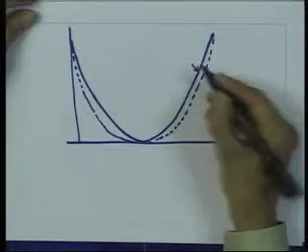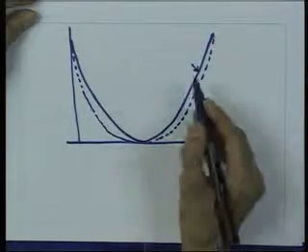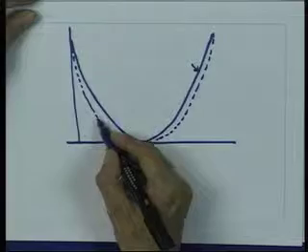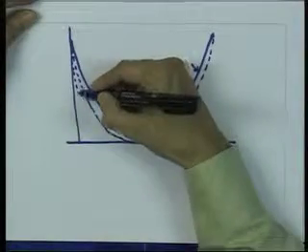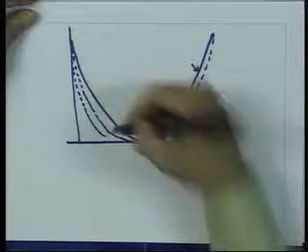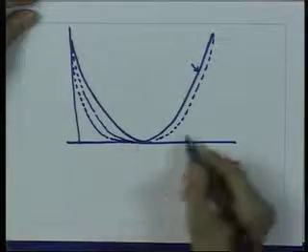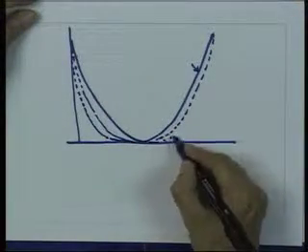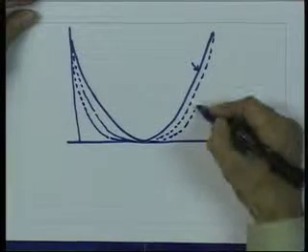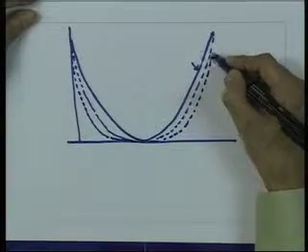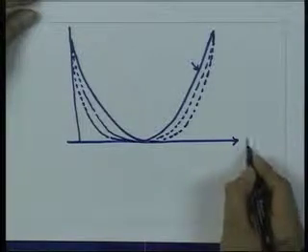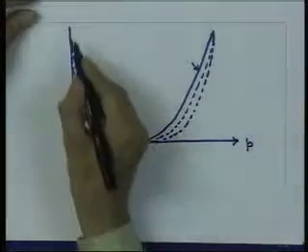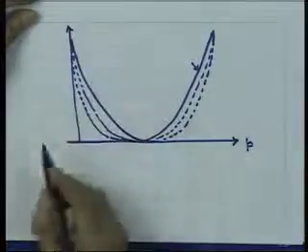This is IAB, this is IAC, and finally, we have IAD indicated here. So, on the x axis we have P, and on the y axis we have the mutual information.